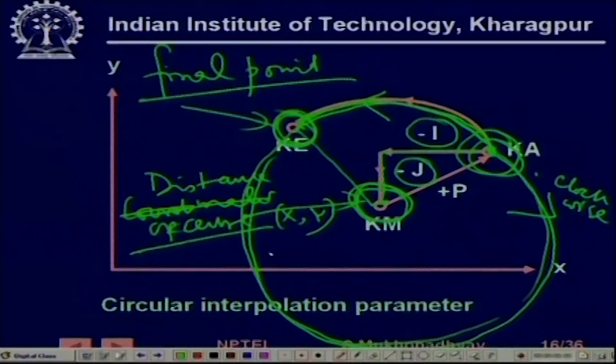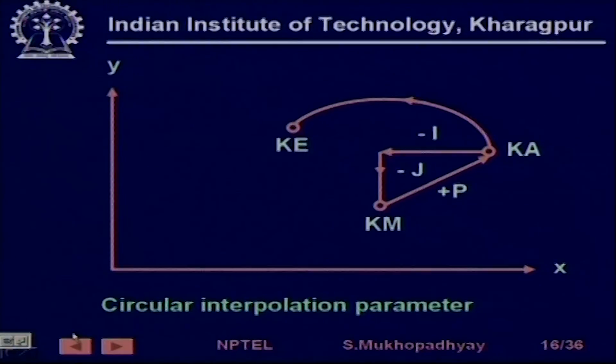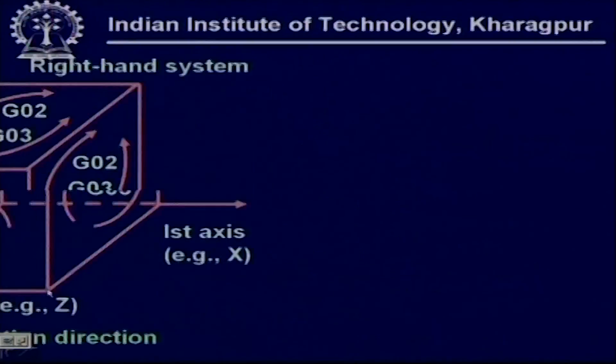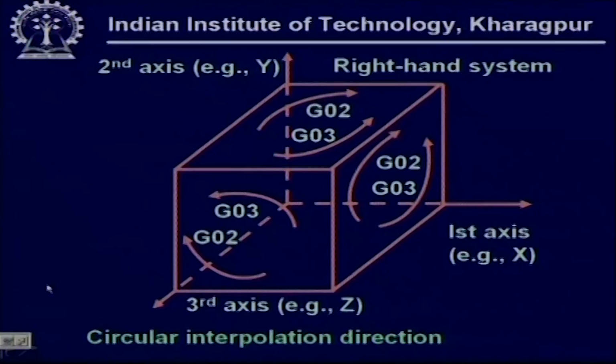Accordingly, either this one or that one will be manufactured. These are the various circular interpolation directions along the various axes.